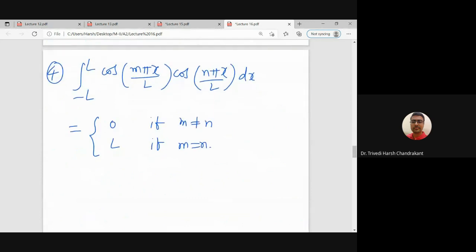So we get the orthogonality of sine mx and sine nx, and whenever we have orthogonal functions, we can expand functions in terms of series.